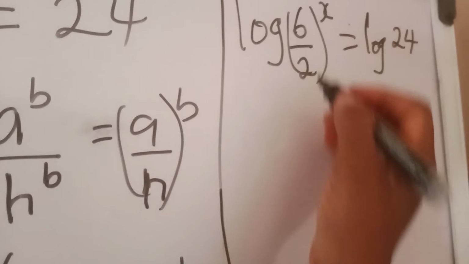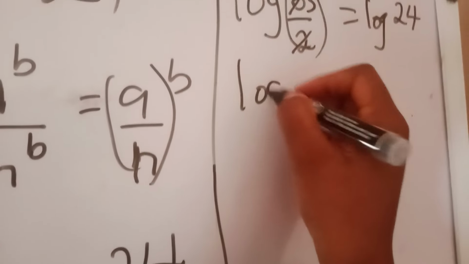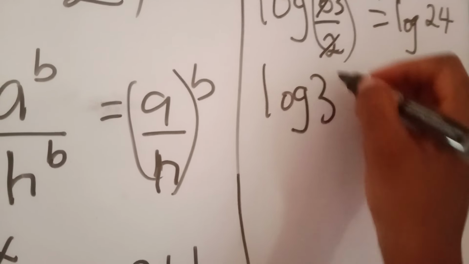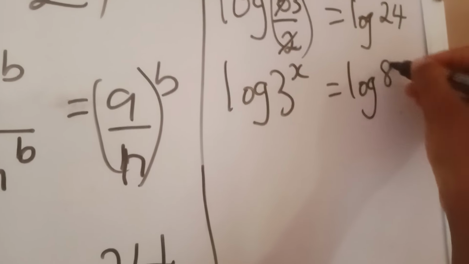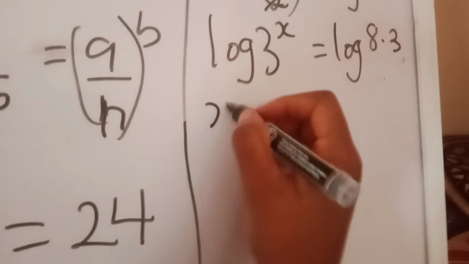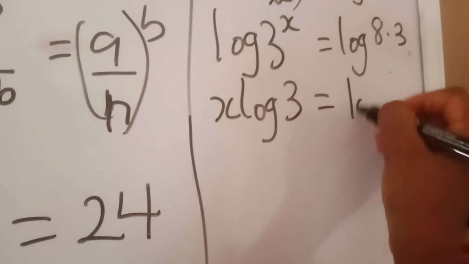Okay, now if we divide this, we have 3. So this gives us log 3 to the power of x equals log, we can represent this as 8 times 3. So this power goes behind, and then we have this.